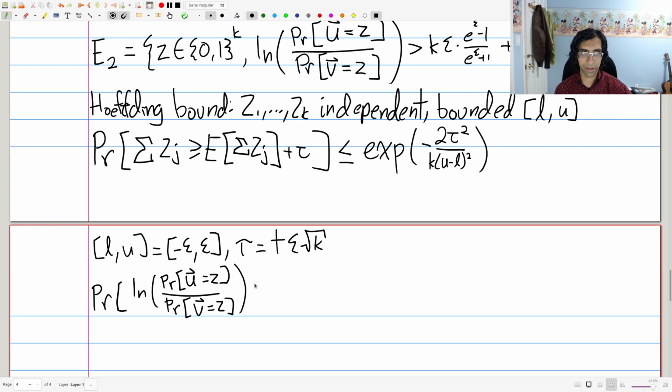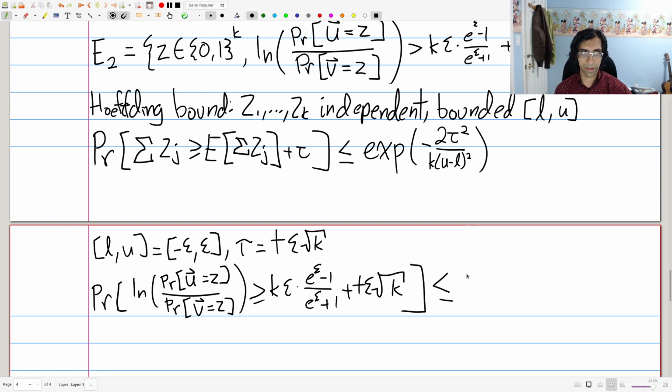We know what the expectation is, we've already calculated it: k epsilon times (e^epsilon - 1) over (e^epsilon + 1). And then, like I said, we set tau to be plus t epsilon square root k.